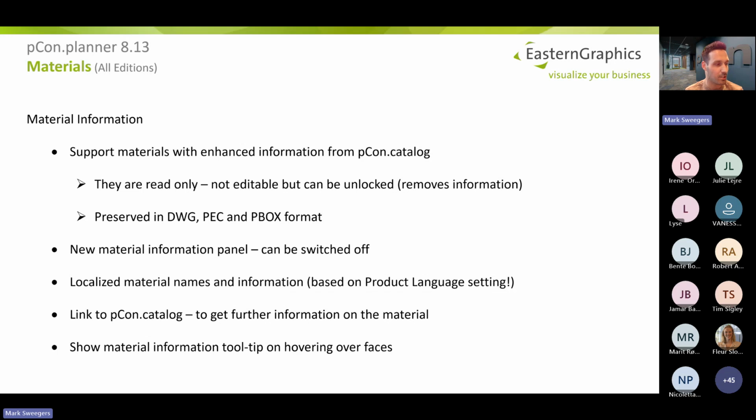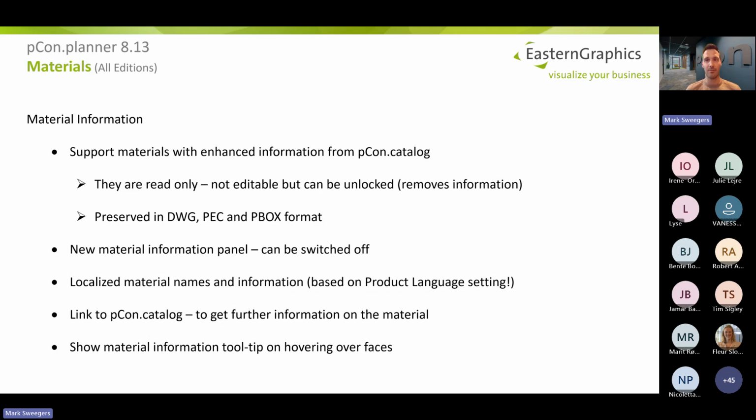So the material information is shown in the materials dialog, but what's more, information on a specific material is displayed, for example, when hovering over a surface with a material. Some more information is also visible in the material editor itself.